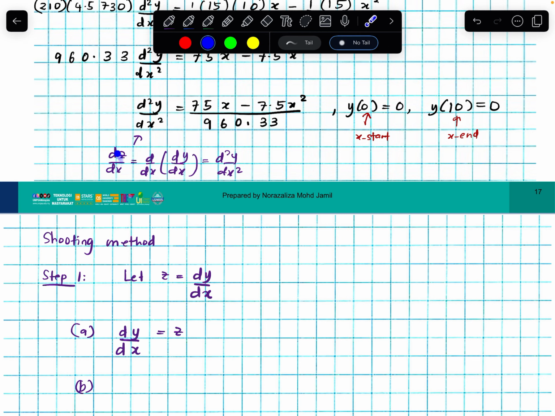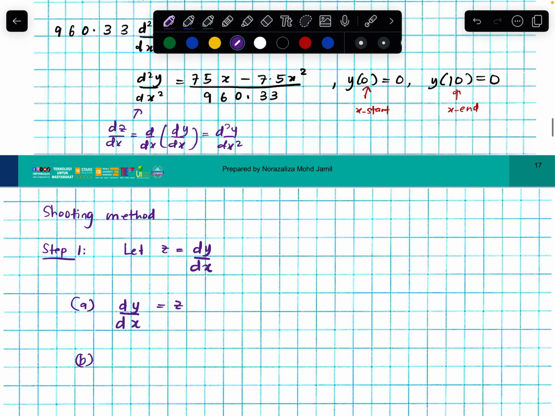So we replace it with the first derivative dz/dx, and the right hand side remains the same.